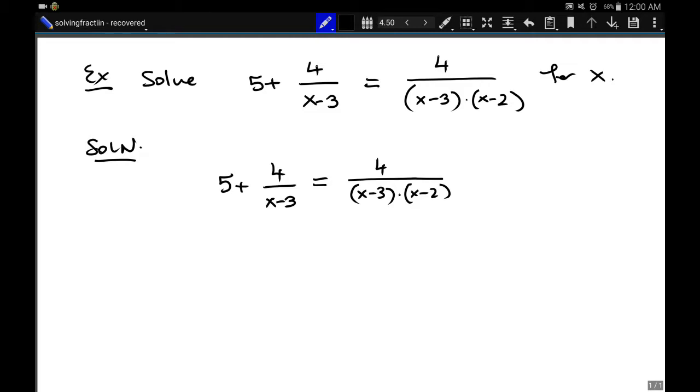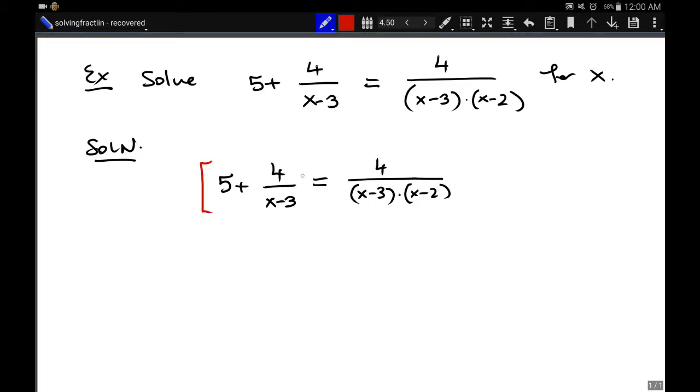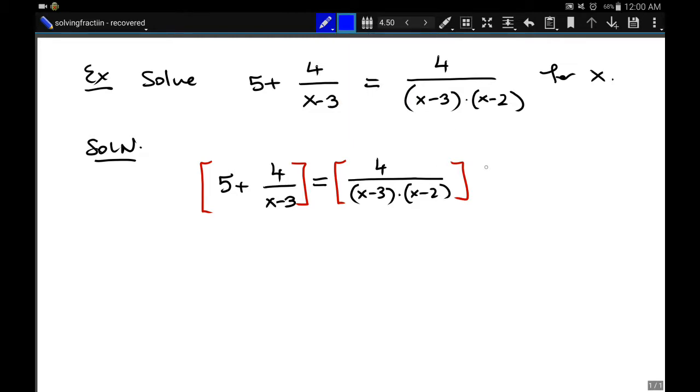I want to keep the original expression, so let me put them in parentheses so that when we distribute, we don't forget it. Now I'm going to multiply both sides by the common denominator, (x minus 3)(x minus 2), so that we can get rid of all the denominators.